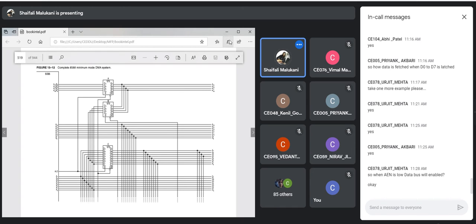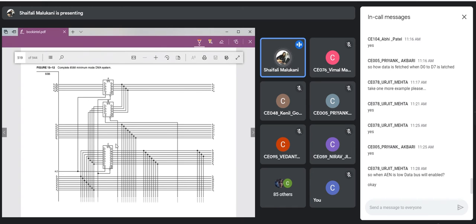If AEN is 0, at that time this is enabled, because this is active low.